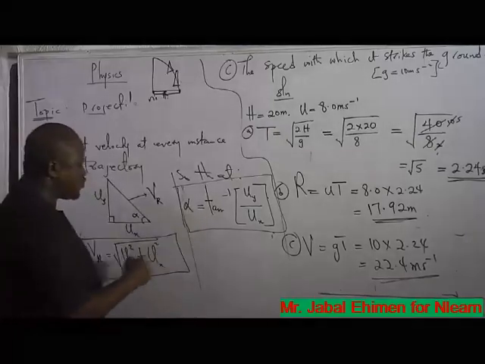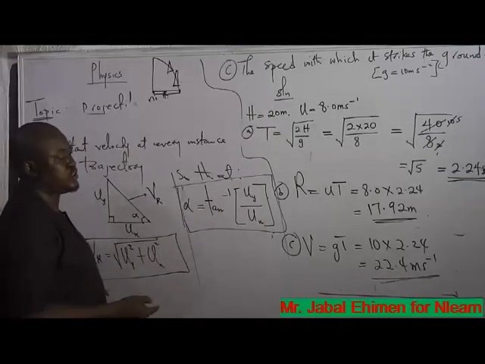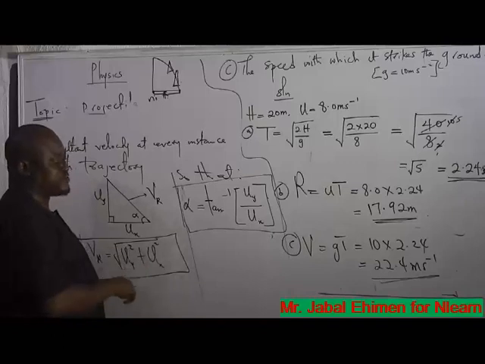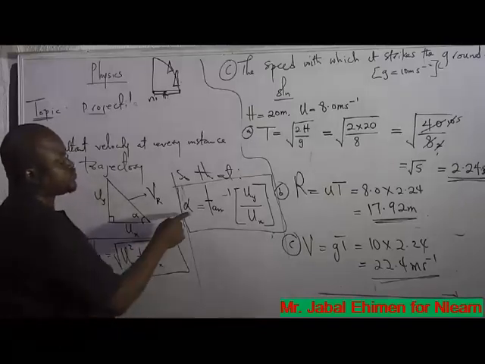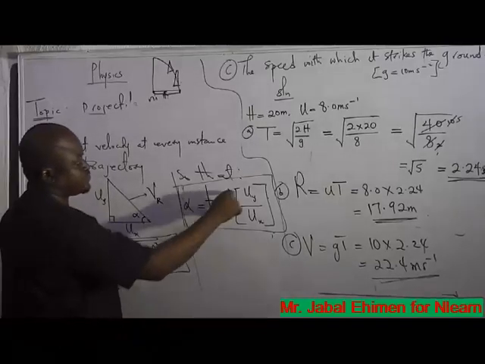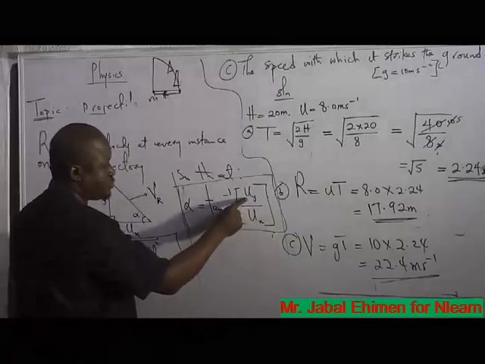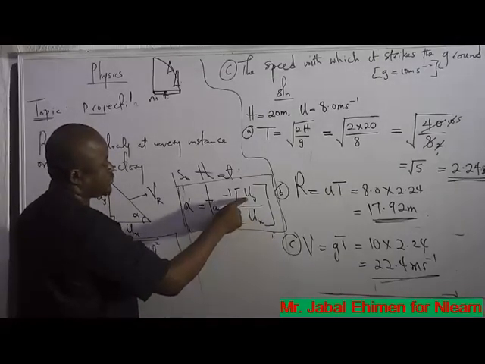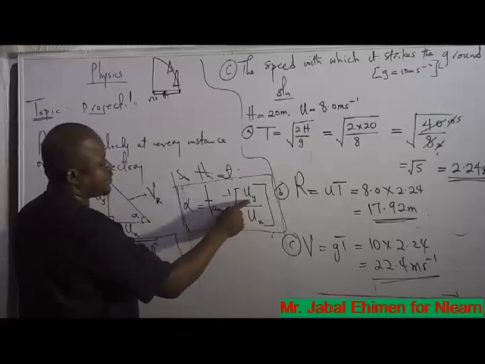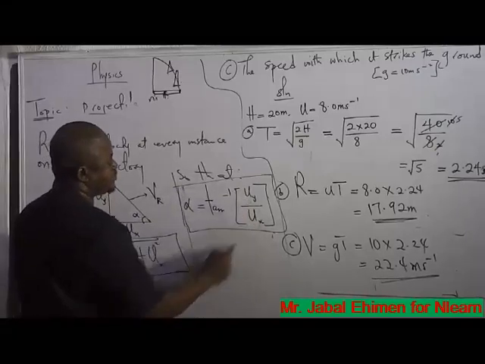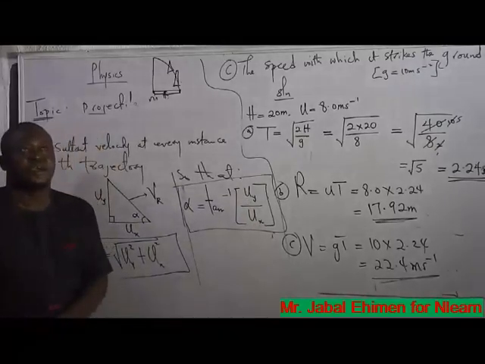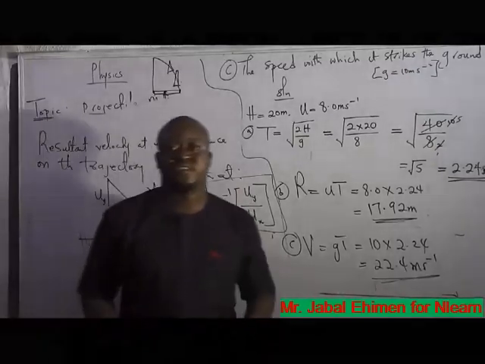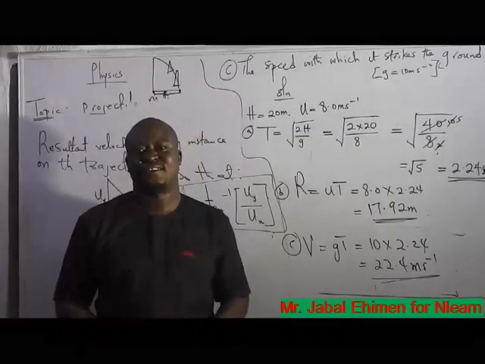Then the angle between them, because it's a vector quantity, as it has magnitude, it must have direction. So the direction is tan inverse of the vertical component over the horizontal component. We come to the end of this class for projectile. Thank you very much.